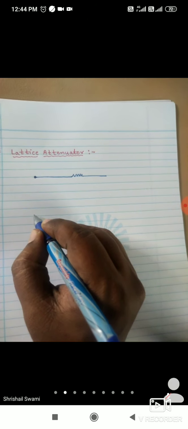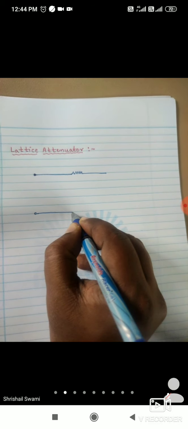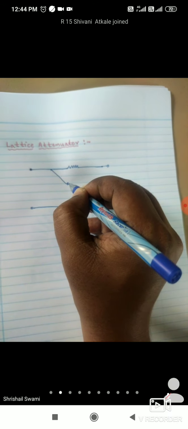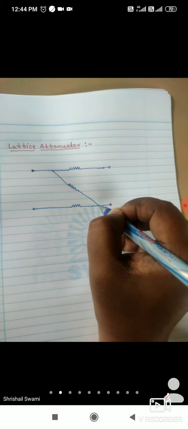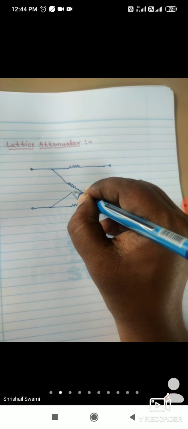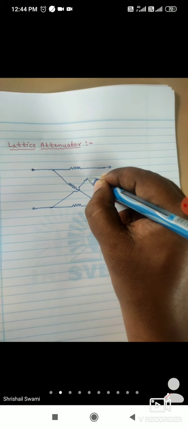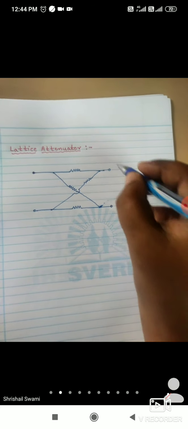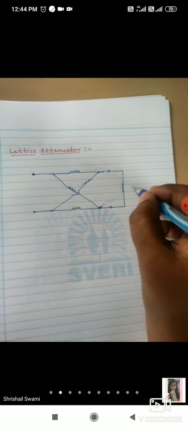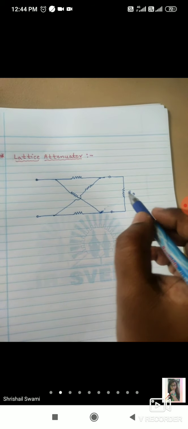Here the shunt arm will not be there. Series arm and, instead of shunt arm, there will be a diagonal arm. So the diagonal arm is like this. At the second port, as usual, it is terminated with the characteristic impedance, load impedance, or design impedance R0.